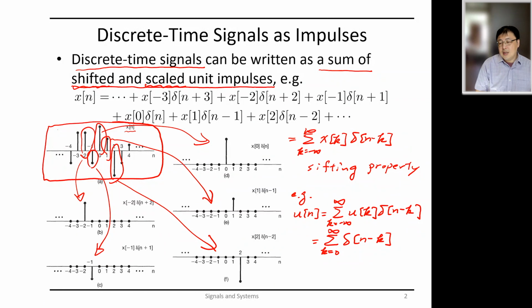If you recall, in chapter 1, we showed that the unit step function can be written as the summation of these unit impulses at times 0, 1, 2, 3, 4, and so forth. You can view this equality as a consequence of this sifting property we mentioned above. So do we have any questions about this?